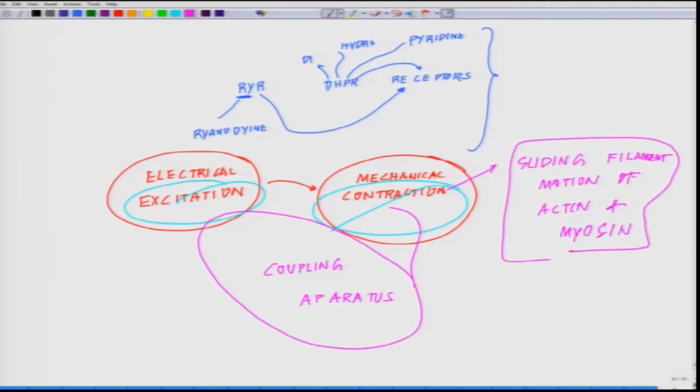whereas electrical excitation comes at two levels. One is an action potential from alpha motor neuron.